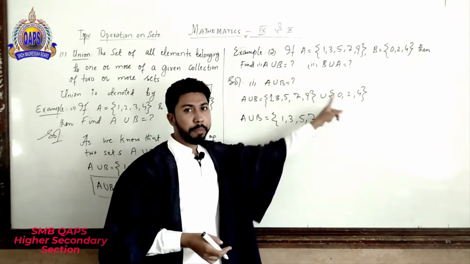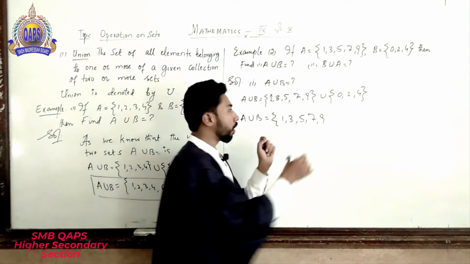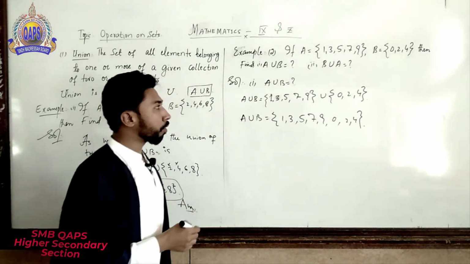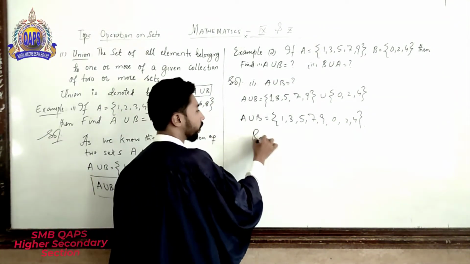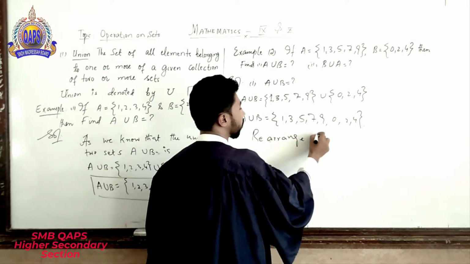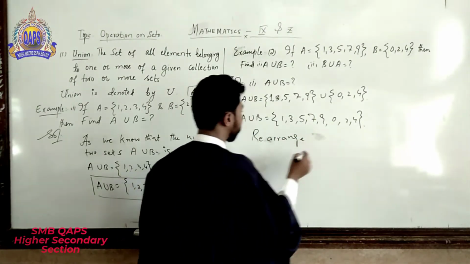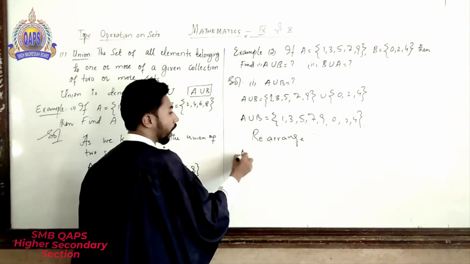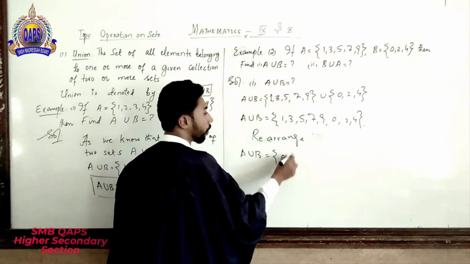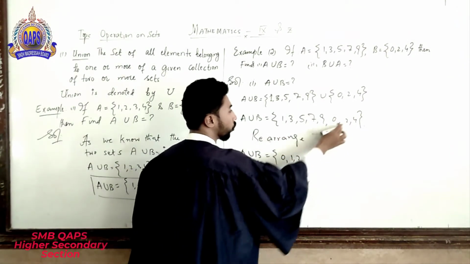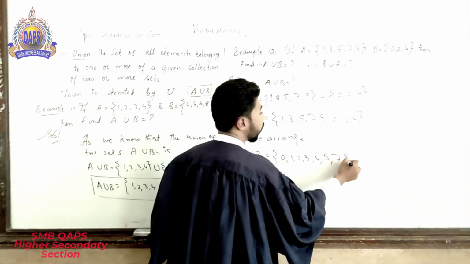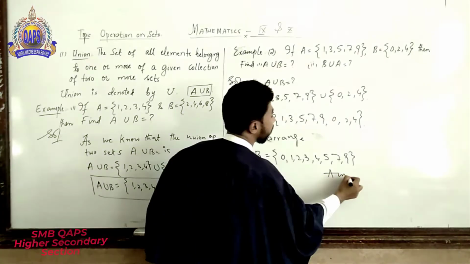If no element belongs to set A, then we write it in the set below. Then we rearrange the set. A union B is equal to 0, 1, 2, 3, 4, 5, 7, 9. This is our answer.